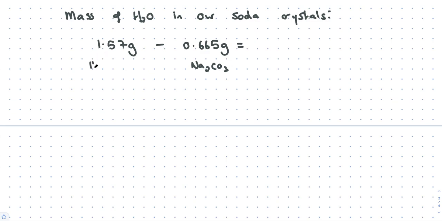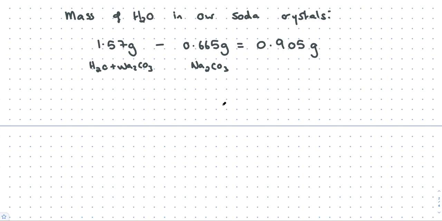So this is the water and sodium carbonate. I figured out by titration how much sodium carbonate there was in it. Now I'm going to subtract it, and the only other thing inside of it is assumed to be the water. So I'm going to subtract those, and I get 0.905 grams. That's how many grams of water are inside the original crystals that we weighed out.